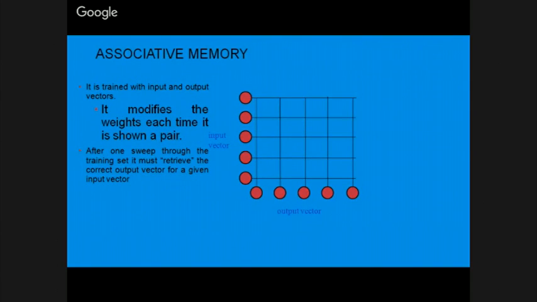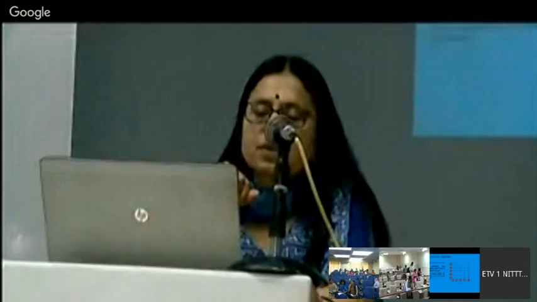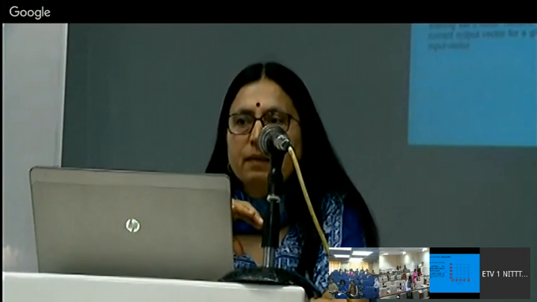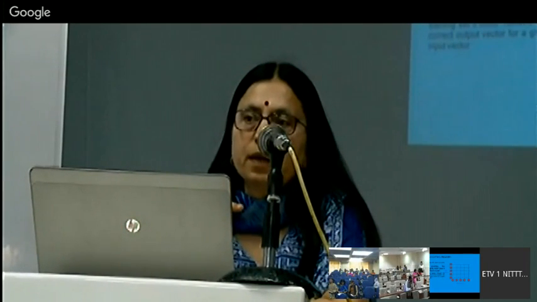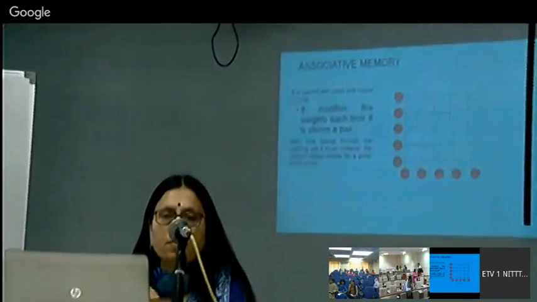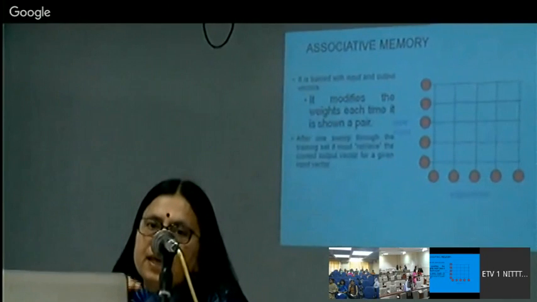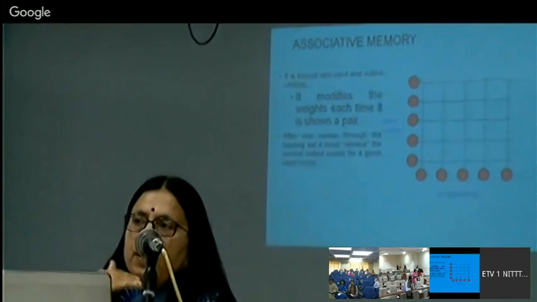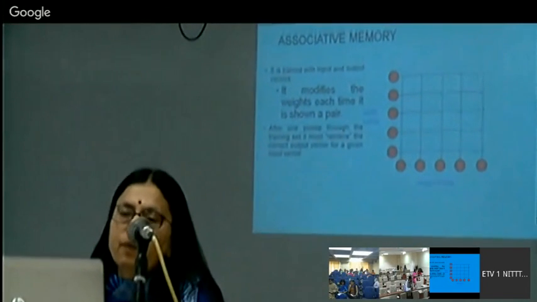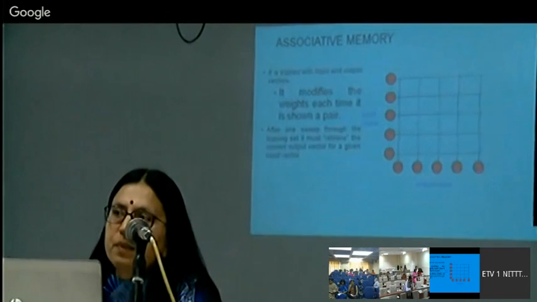So like other neural networks, when we talk about associative memory, we will train it using input vectors and output vectors. The combination of input and output vector forms a pair, and we will take each pair one by one. We take the first input vector and the associated output vector, and find its contribution to the weight matrix.